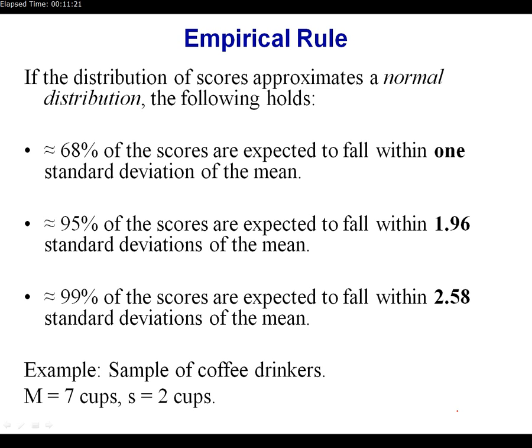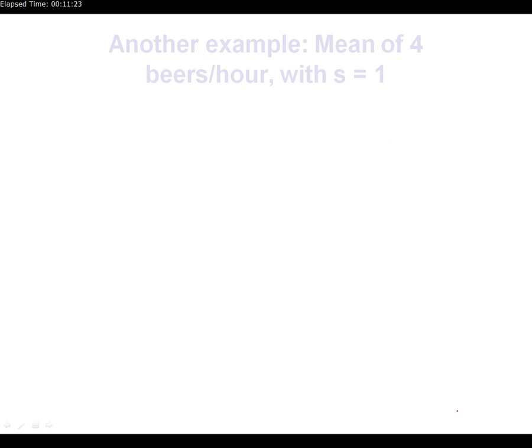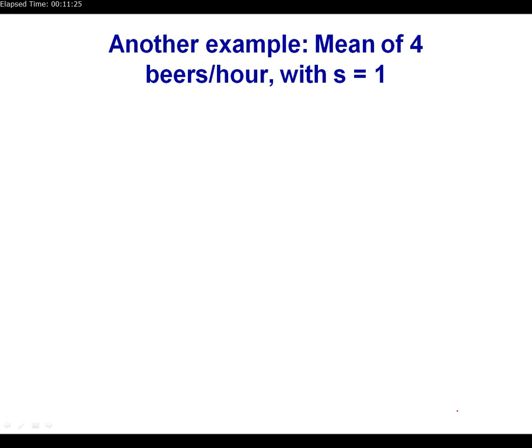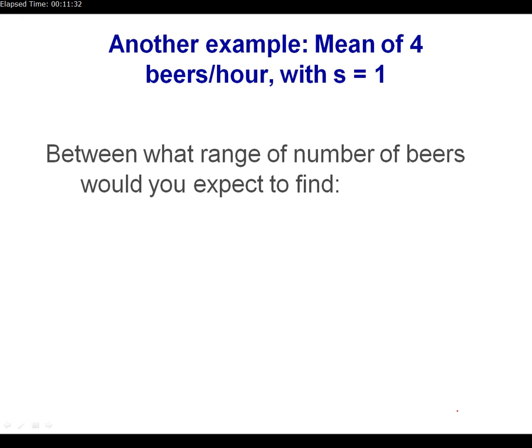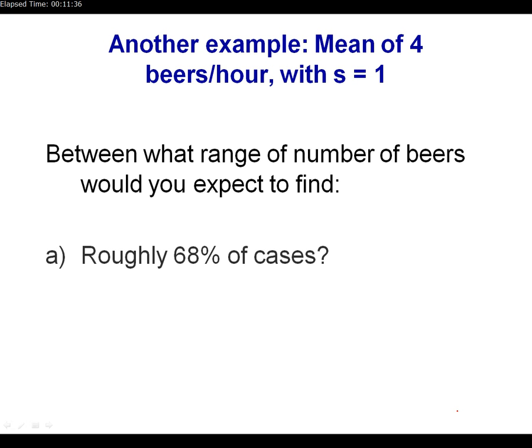All right, here's another example. Take a mean of 4 beers an hour with a standard deviation of 1. Between what range of number of beers would you expect to find roughly 68% of the cases? A mean of 4 with a standard deviation of 1.